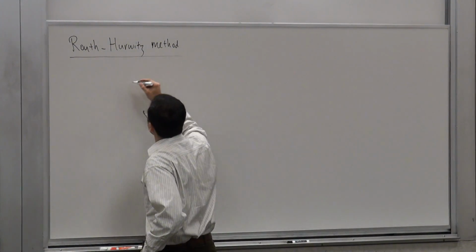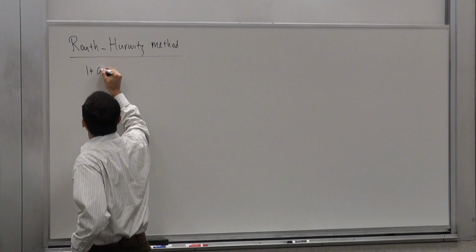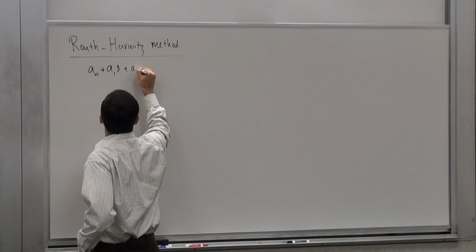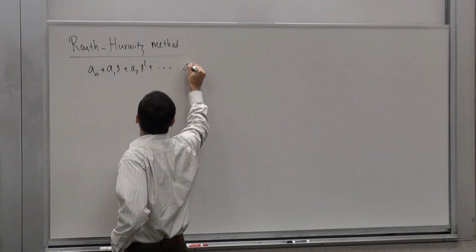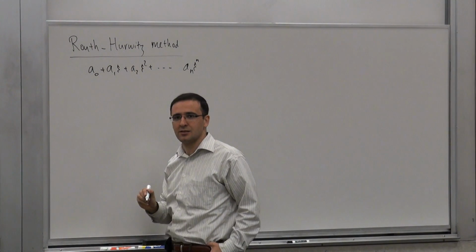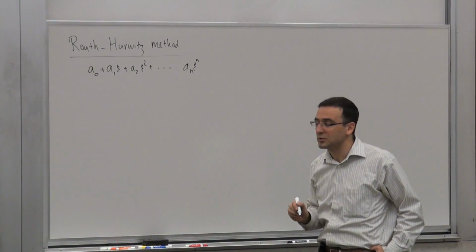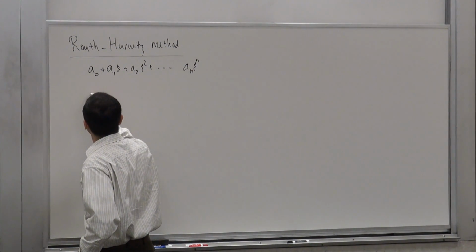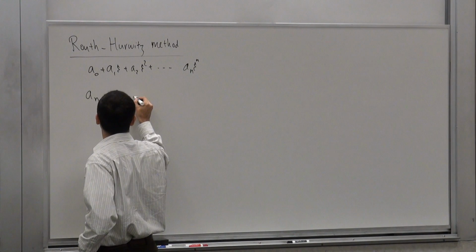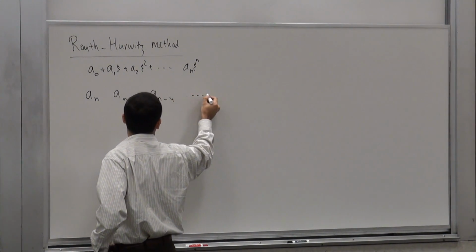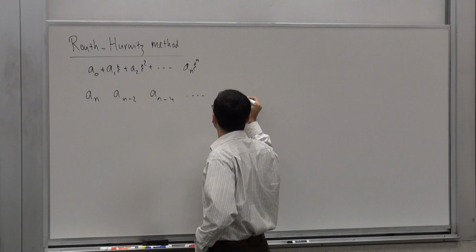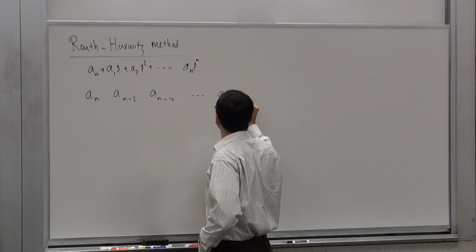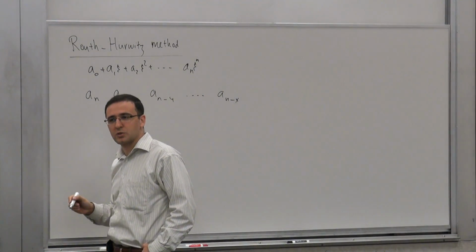If the polynomial is a0 plus a1 s plus a2 s squared up to an s to the n, you write the coefficients this way. You start with the highest order coefficient and take every other one: an, an minus 2, an minus 4, all the way down to the lowest order one.